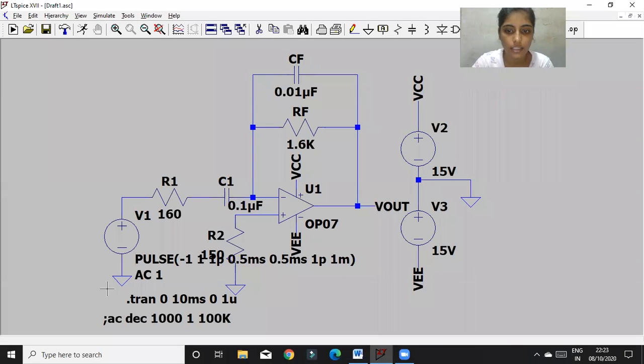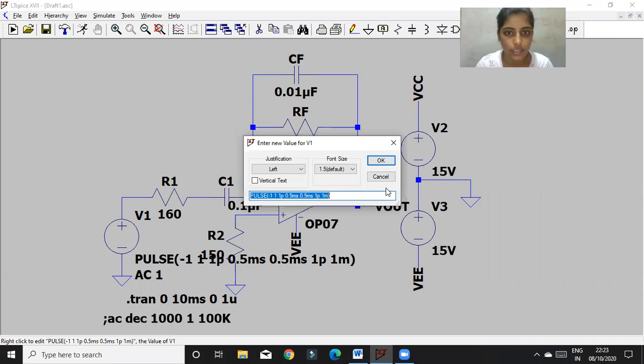And another one, where I change the time. Let's say it's 1p, 0.5 and 1.